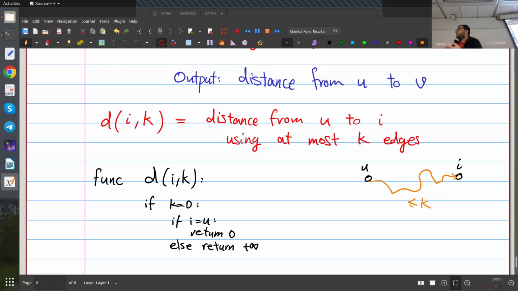So let's just take the minimum cost over all these cases. So I'm going to say, look at all the vertices J that have edges to I, and then d of i, k is just going to be the distance from U to J, but now I can take at most k minus 1 steps to get to J, plus the cost of the edge from J to I. And then I'm going to take the minimum of this over all the J's.